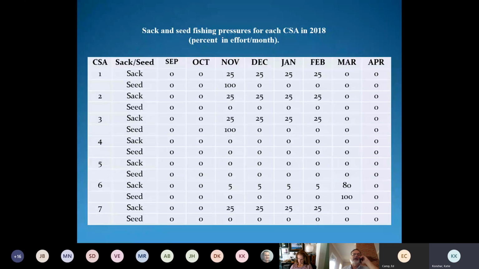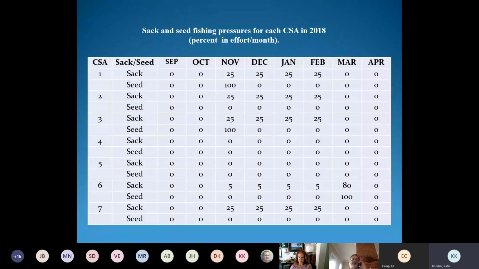Okay, so what you have to do is determine what the fishing season is, and then distribute the sack and seed fishing across time. In the first case, for CSA1, we're fishing for both sack and seed, and across the rows have to add up to 100%.